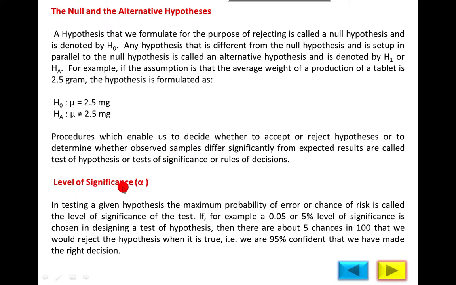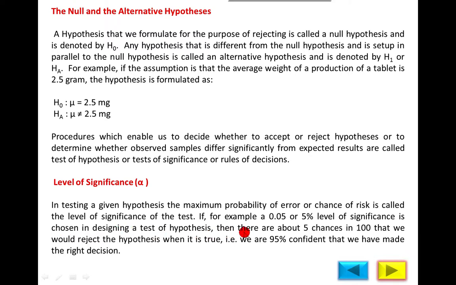Level of significance, alpha. What is alpha? In testing a given hypothesis, the maximum probability of error or chance of risk is called the level of significance of the test. Suppose, for example, 0.05 or 5% level of significance is chosen in designing a test of hypothesis.